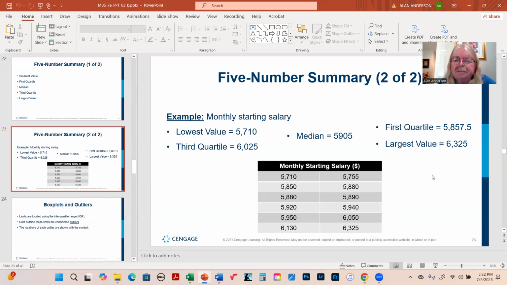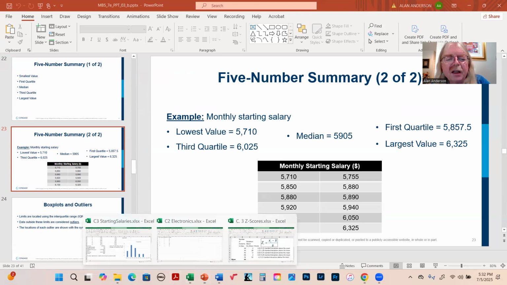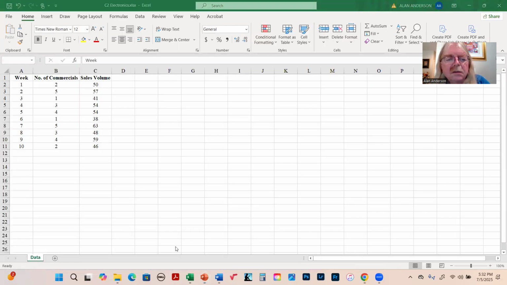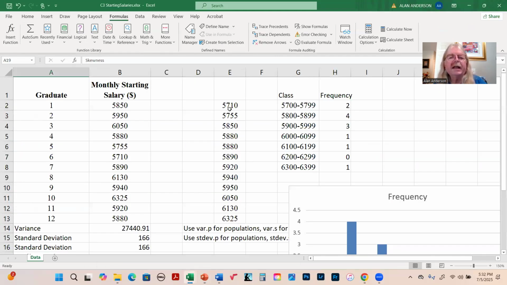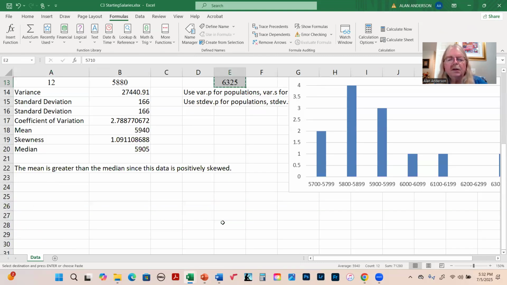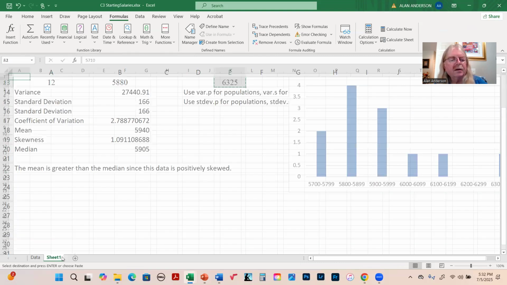Going back to the monthly starting salaries, we could easily figure that out for ourselves. Here we go. Let's take our data again and move it somewhere else, let's say over here.